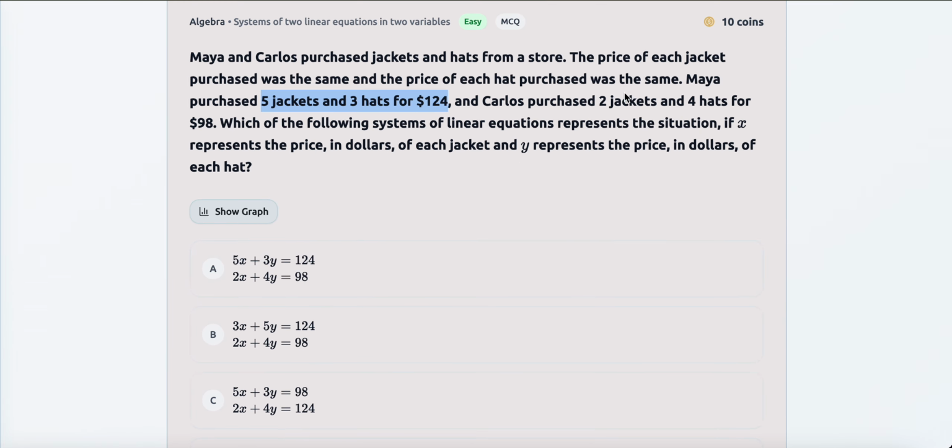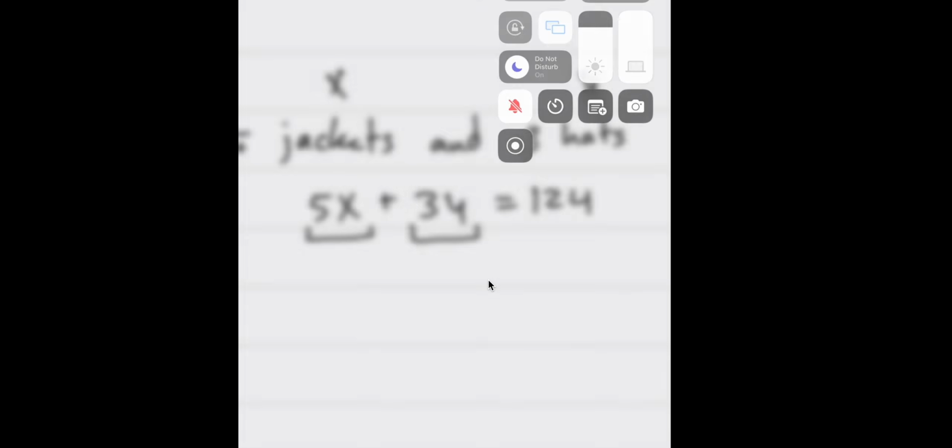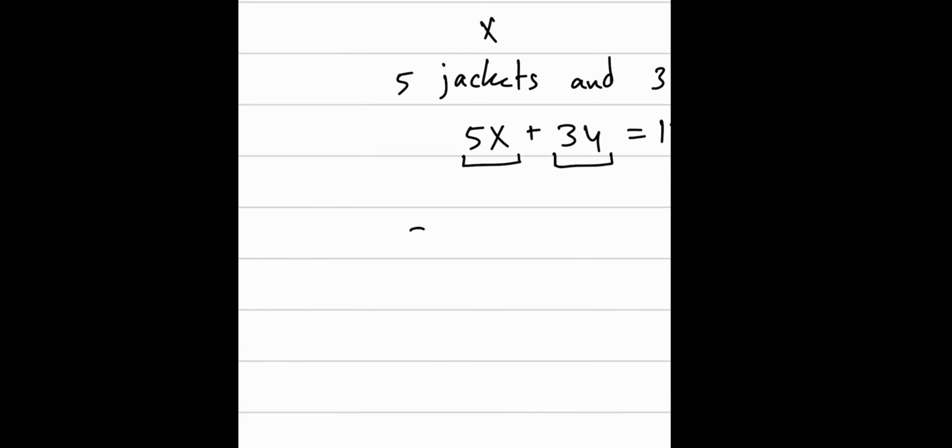Now, if we want to know our second one, we can see that Carlos purchased 2 jackets and 4 hats for $98. So 2 jackets and 4 hats for $98. We're going to do something similar as before.